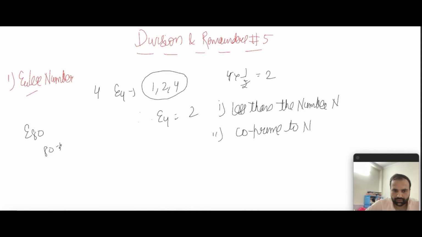Now if I ask you what would be the Euler for, let's say, 80, we'll have to find the factors of 80.